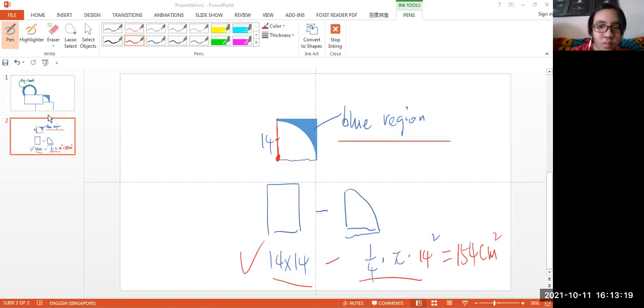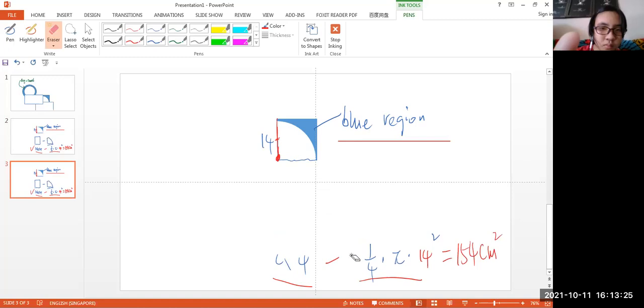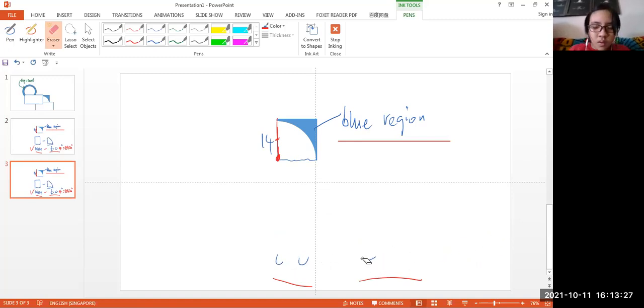What if they ask you to find the perimeter instead of the area? How do you find perimeter? You use a highlighter. Of course you are not allowed to use a highlighter during your exam, but you can somehow use it to help you out.